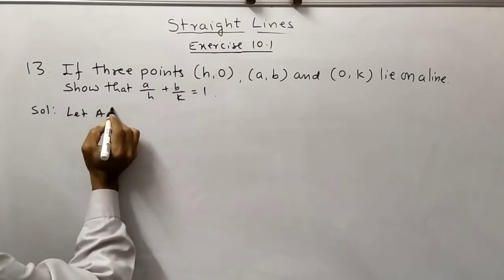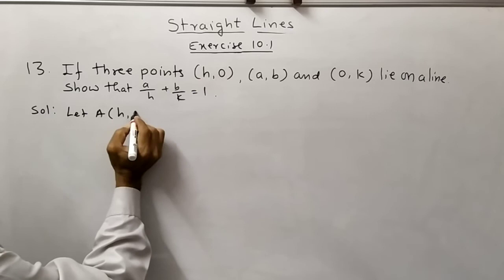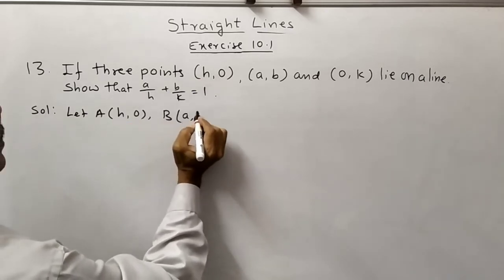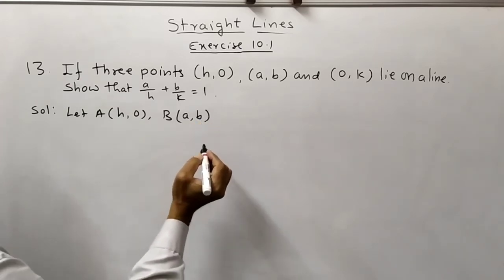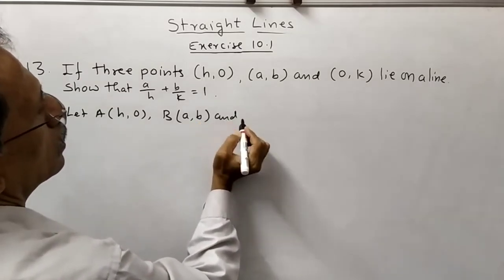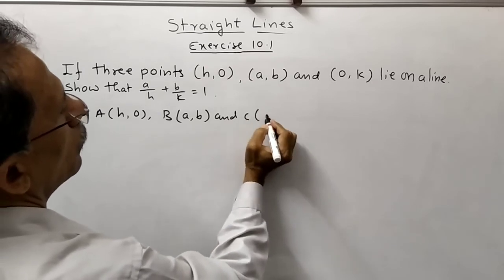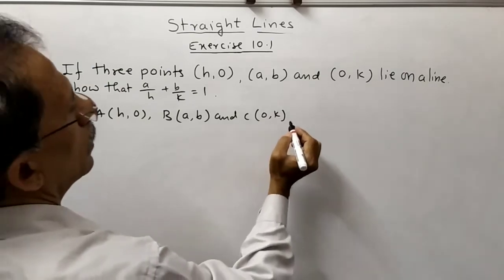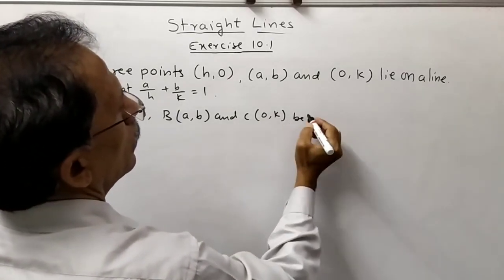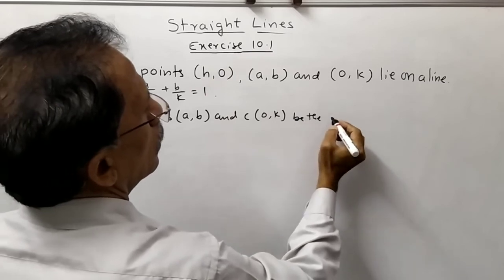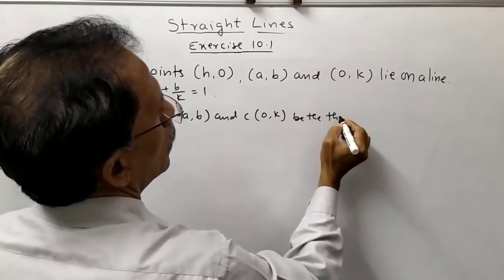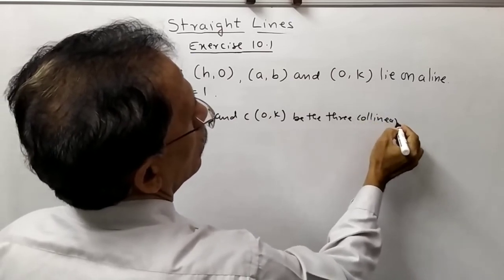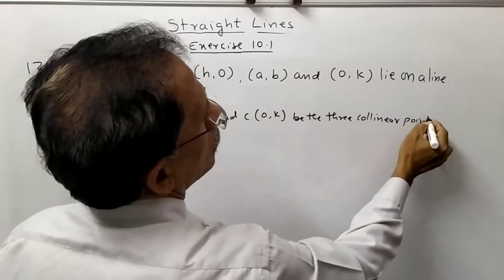Let A with coordinates h, 0, B with coordinates a, b and C with coordinates 0, k be the 3 collinear points.